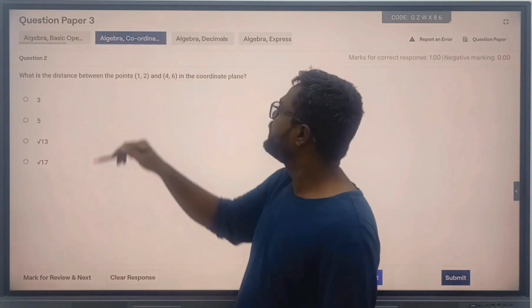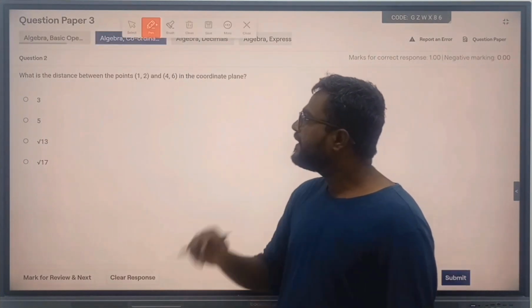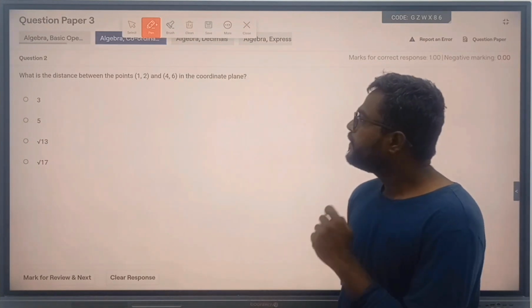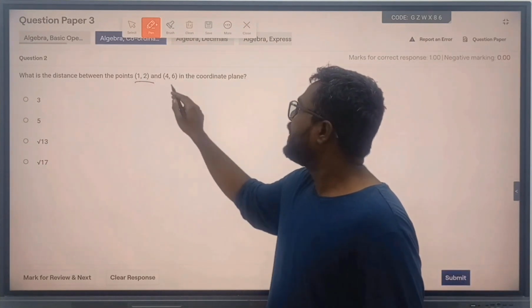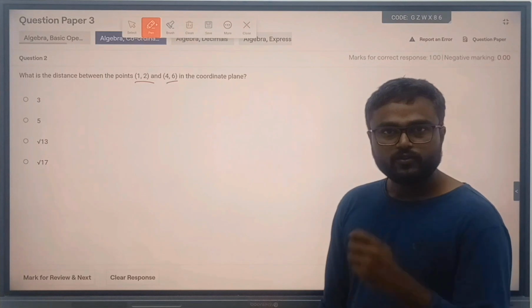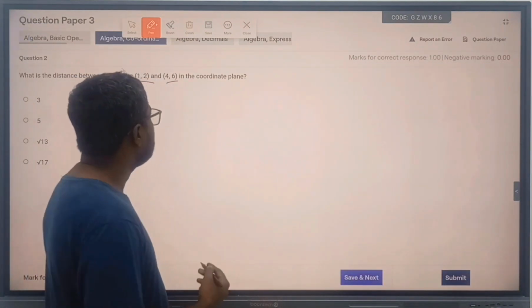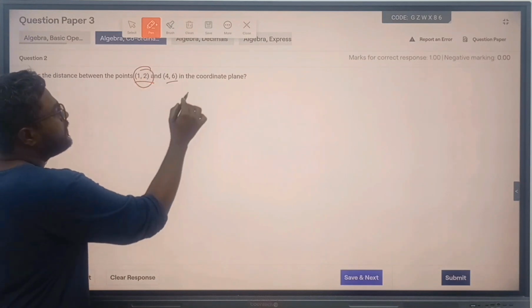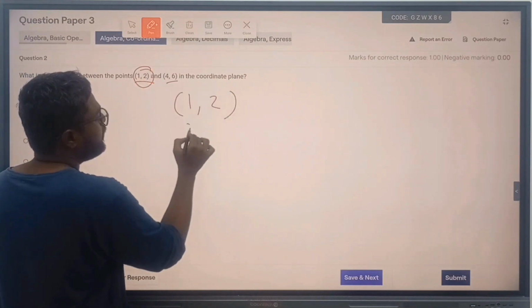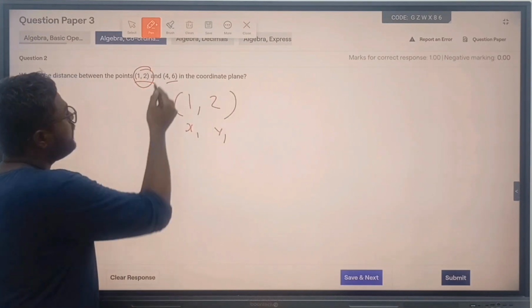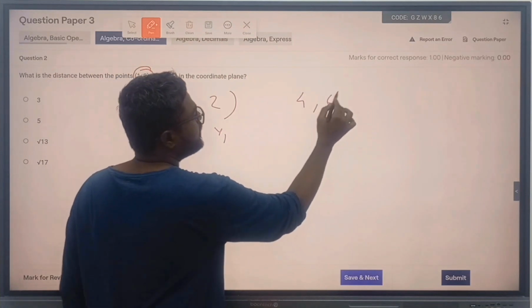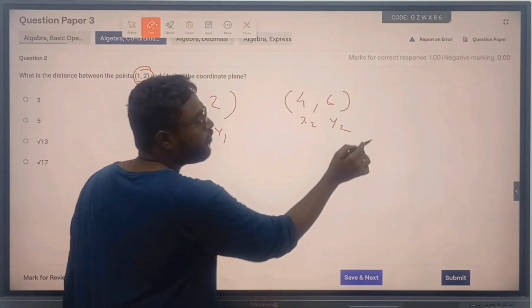So the second question says, what is the distance between the points 1, 2 and 4, 6? The first thing I'm going to do while solving this question is consider 1, 2 as x1, y1, and 4, 6 as x2, y2.